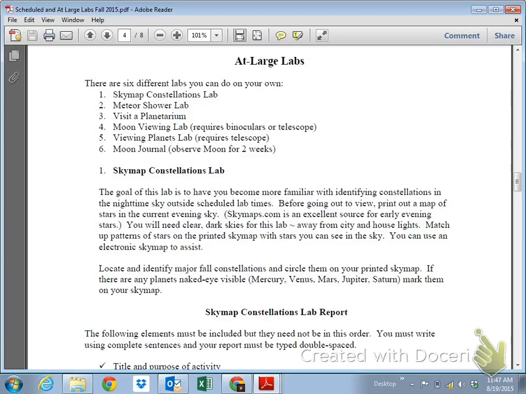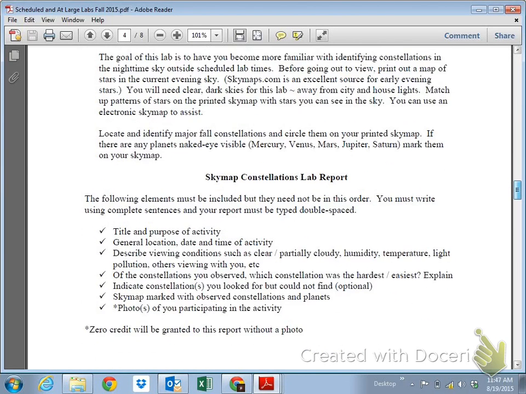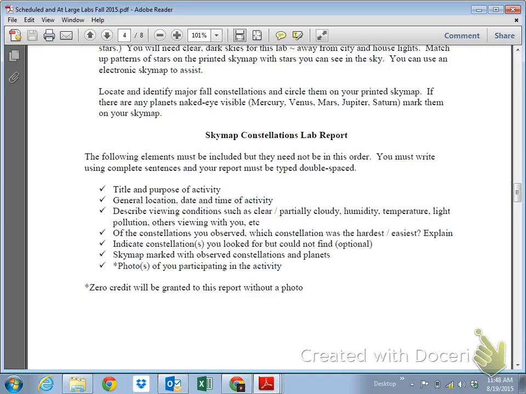So what do you need to do to get credit? This will be the only one we talk about; the other ones on Friday. To get credit, it needs to be typed up, and see those check marks? Those check marks are your checklist for getting full credit in your lab report for this lab that you do on your own. Purpose: these are things that you type up. What was the purpose of the lab? A lot of times the purpose is just to familiarize yourself with constellations.